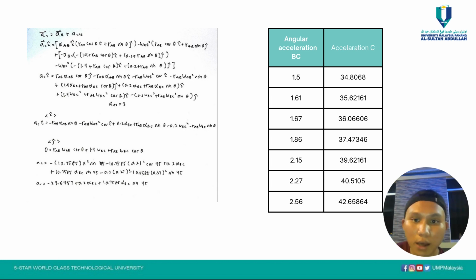theta I hack plus R AB sin theta J hack, plus in bracket negative alpha BC minus 1.4 plus RAB cos theta I hack plus 0.2 plus RAB sin theta J hack, and minus omega BC square minus 1.4 plus RAB cos theta I hack plus 0.2 plus RAB sin theta J hack.